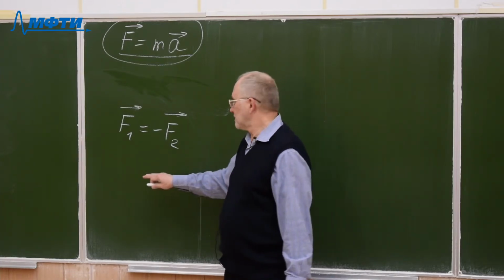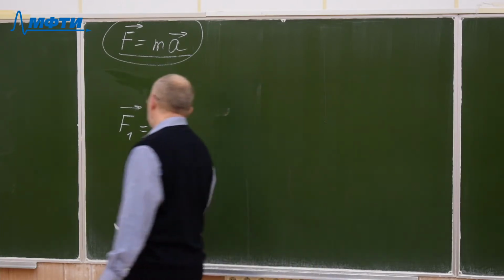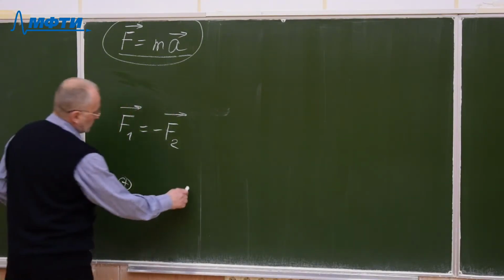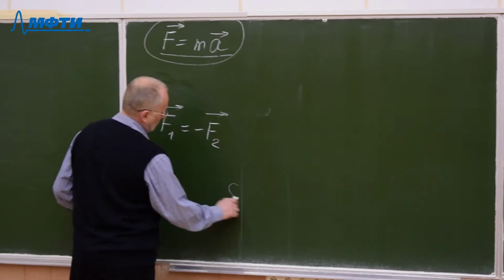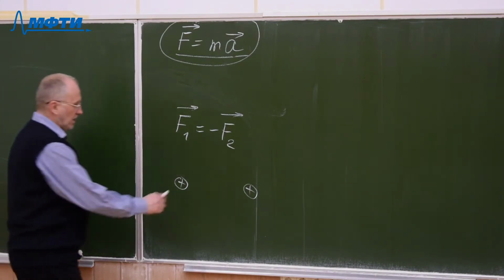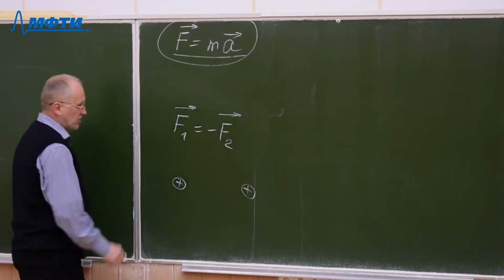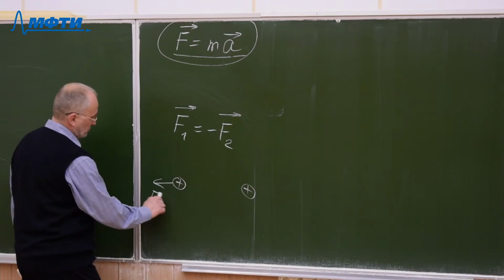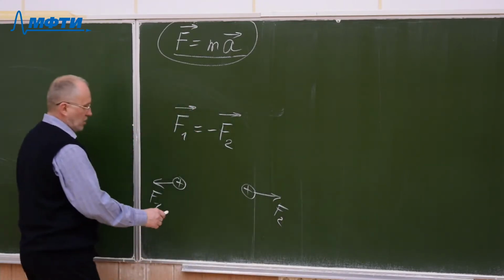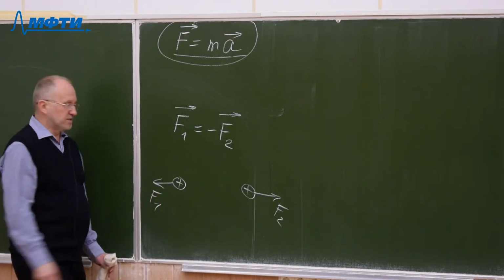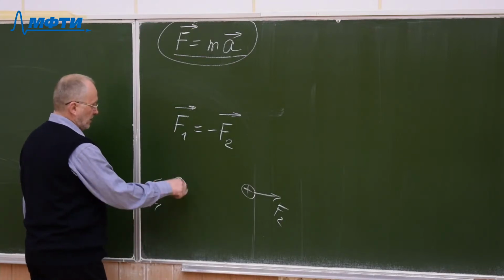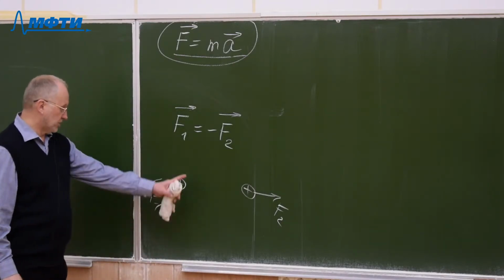And it can be easily understood if you consider, for example, two charged particles. For example, two positive charges. And there is some force of interaction between them, some force of repulsion. The magnitude of this force depends on the distance between charges and the value of each charge.